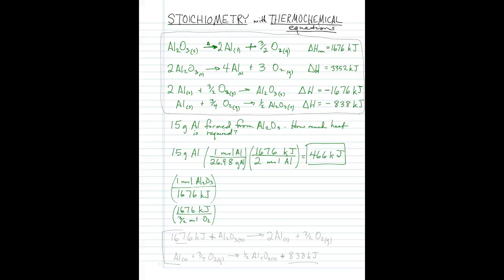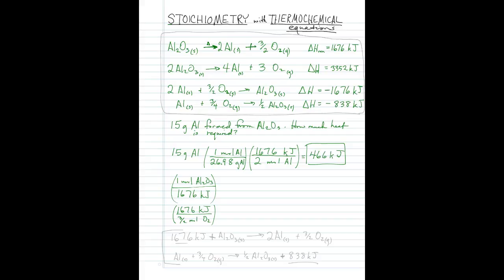And if we were going from moles of oxygen to kilojoules, that would be a perfectly good conversion factor to use. One more way we can write these equations is we can put the kilojoules in as the reactant or a product. Now, in our first equation at the top of the page, where we have aluminum oxide turning into aluminum and 3/2 mole of oxygen, is that energy being used or is it being produced? Well, this is an endothermic reaction because delta H is positive. That's always true. Endothermic, delta H positive.